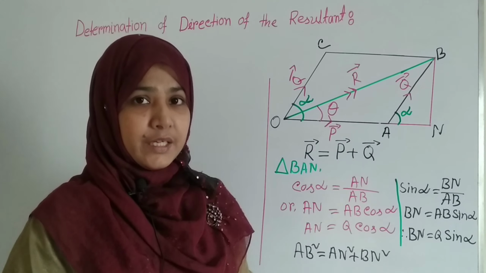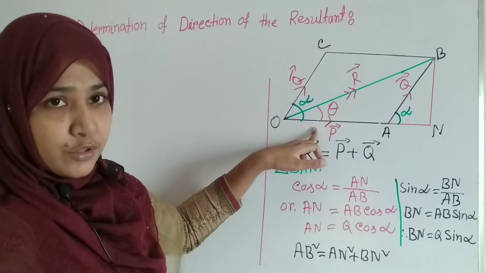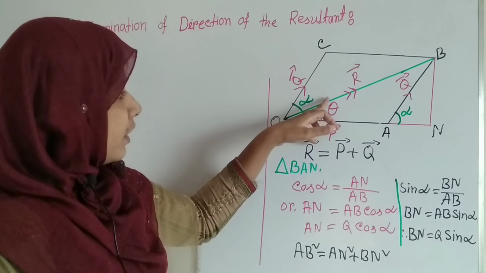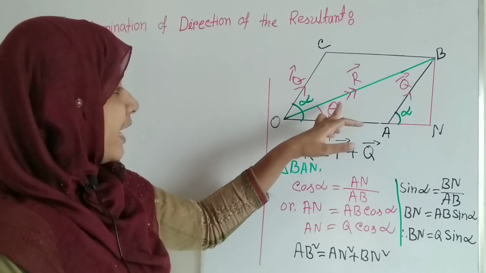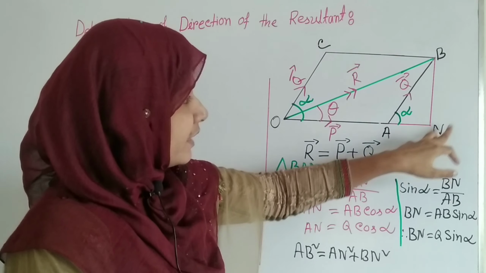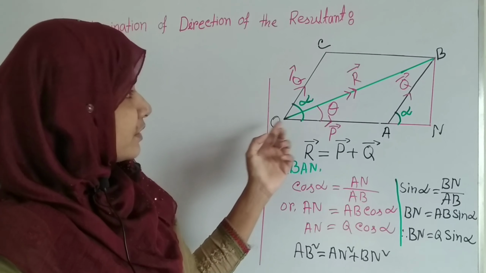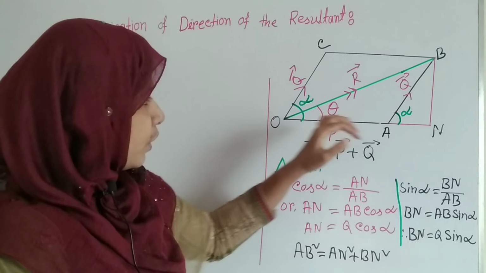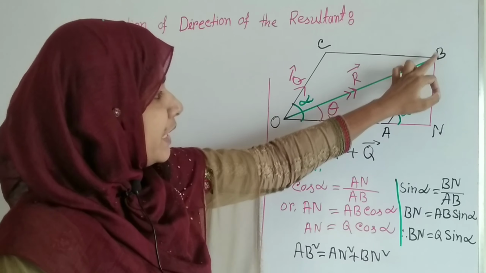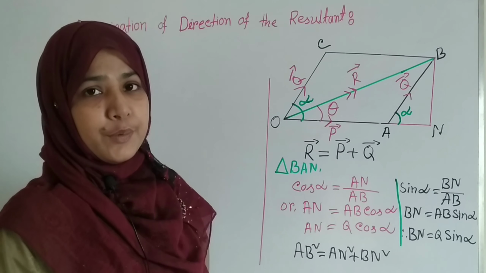Here you can see that the resultant is creating an angle with vector P, and we denoted the angle as theta, and OBN is a right angle triangle. Here the base of this triangle is ON, BN is the perpendicular and OB is the hypotenuse.